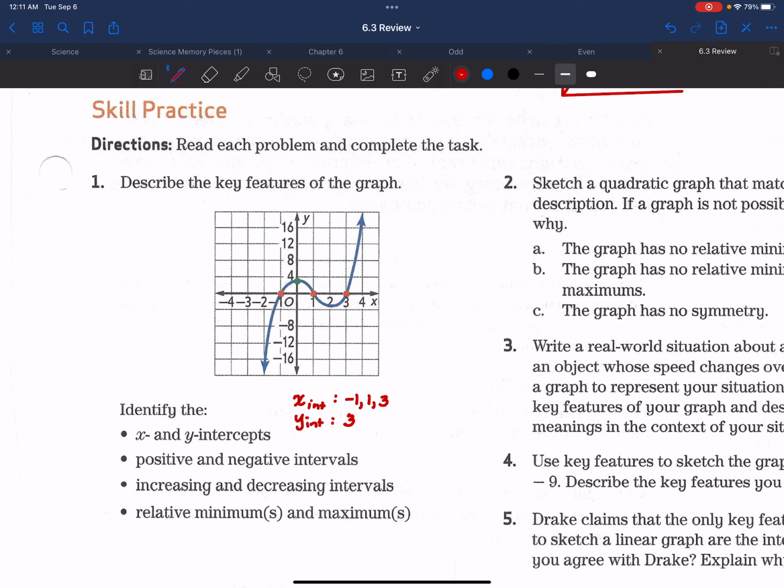The positive and negative intervals. Well, positive intervals are when your graph is increasing. So let me mark those in pink. There's one, and then there's one. So the positive interval will be when x is less than 0.